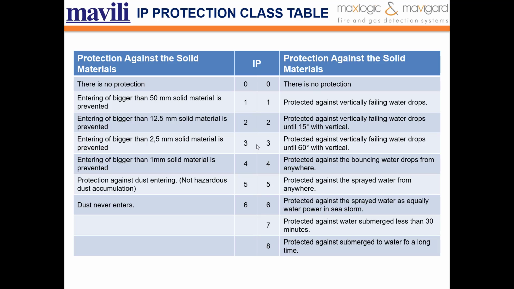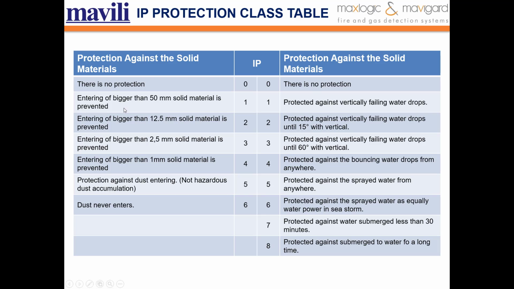This is the IP protection class table. As I mentioned before, the left digit, the first digit, is for the solid objects, and the second digit is for the liquid objects. If the IP protection class is 0, that means there is no protection.